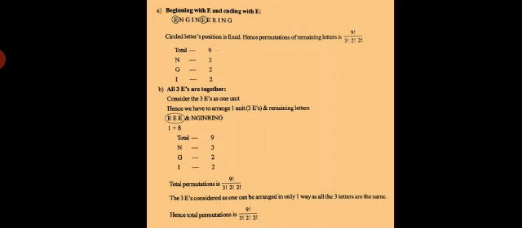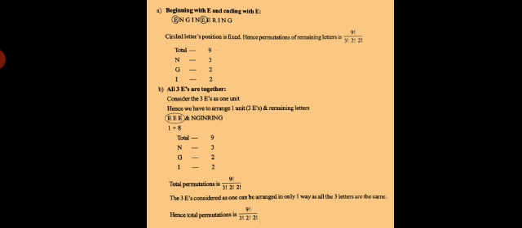Now, second question: all 3 E's are together. The number of E's in this word is 3. If we consider them as 1 unit, how many letters will remain? In 11, these 3 become one group and the remaining letters are N, G, I, N, R, I, N, G, that is 8 letters.